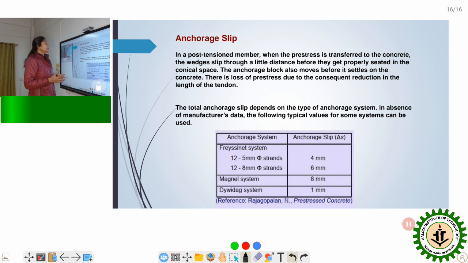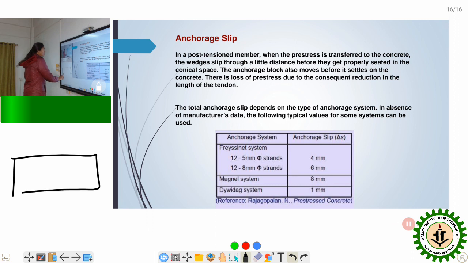Anchorage slip is mainly found in post-tension members as well. In a post-tension member, when the pre-stress is transferred to the concrete, the wedges slip through a little distance before they get properly seated in the conical space. When the pre-stress is transferred to the concrete, the hydraulic jack is removed.